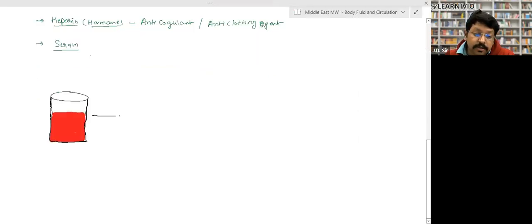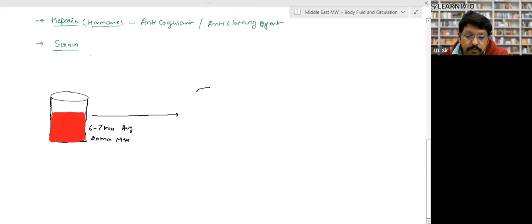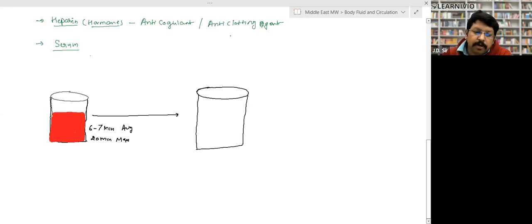After some time, the average being 6 to 7 minutes and the maximum 20 minutes, changes will take place here.